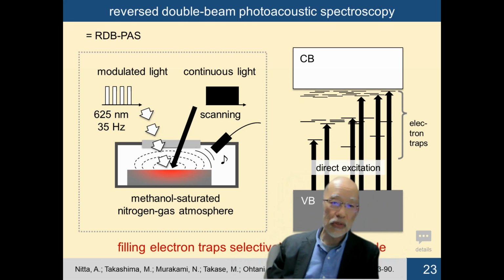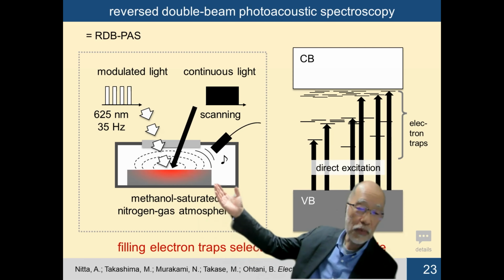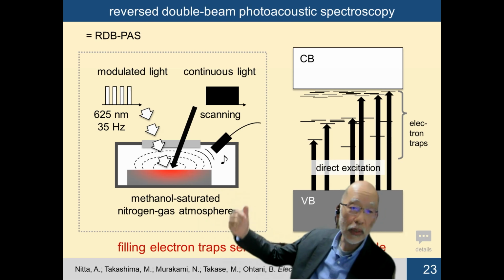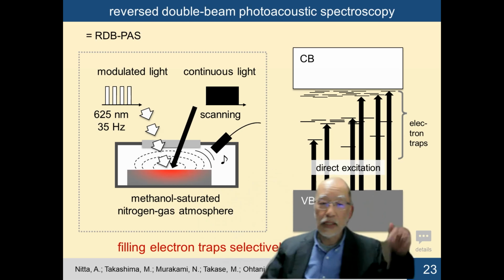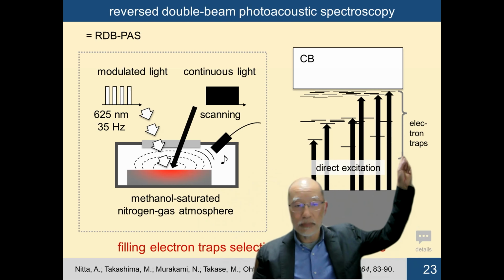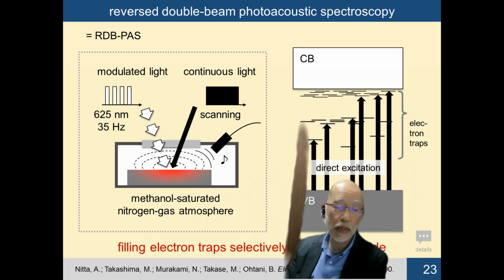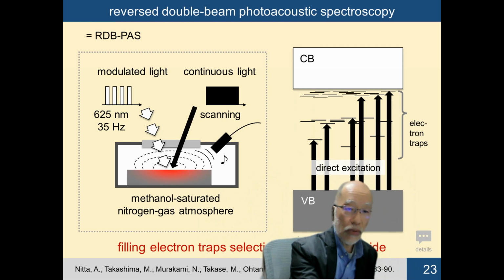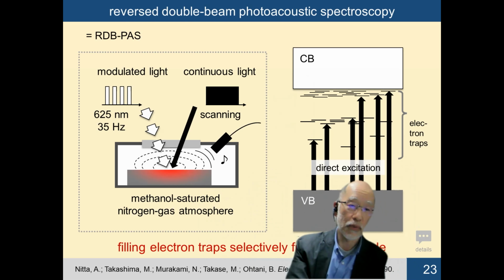Once the electron traps accept electrons, they give new photoabsorption, and this newly developed absorption is detected by photoacoustic spectroscopy. So there are 2 beams. One beam excites electrons into electron traps, and the other light is used for detection by photoacoustic spectroscopy. By using this technique, we could obtain the energy-resolved distribution of electron traps.